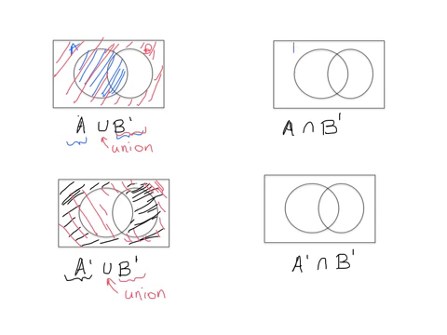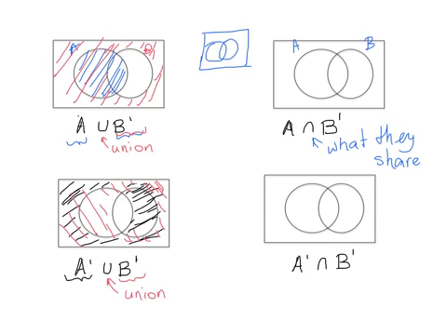So, if you see an intersection and you can't immediately visualize what the two sets have in common or what they share, you might want to do a little scrap work. So, off to the side, I'm going to draw a little Venn diagram with A and B, and I'm going to draw another little Venn diagram also with A and B, and then I'm going to look at what A and B complement share.